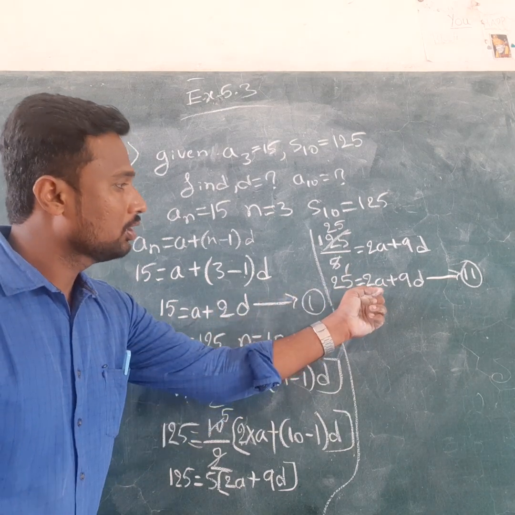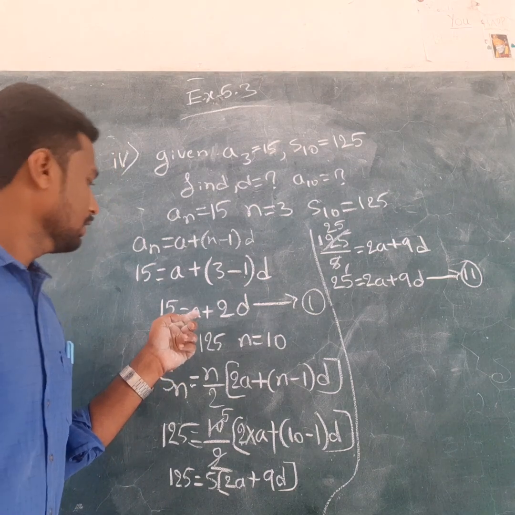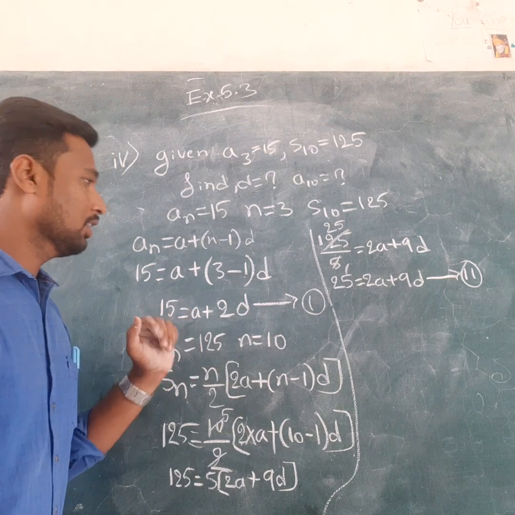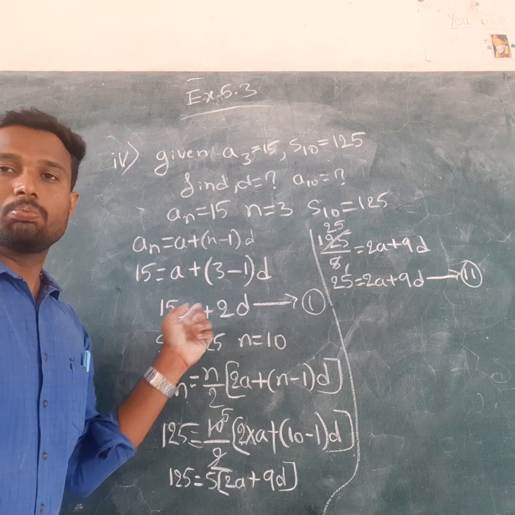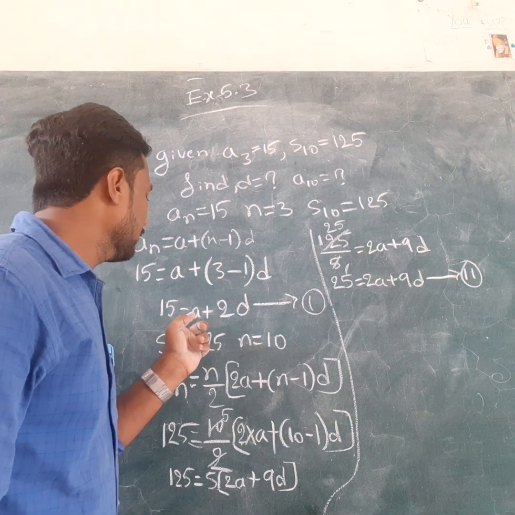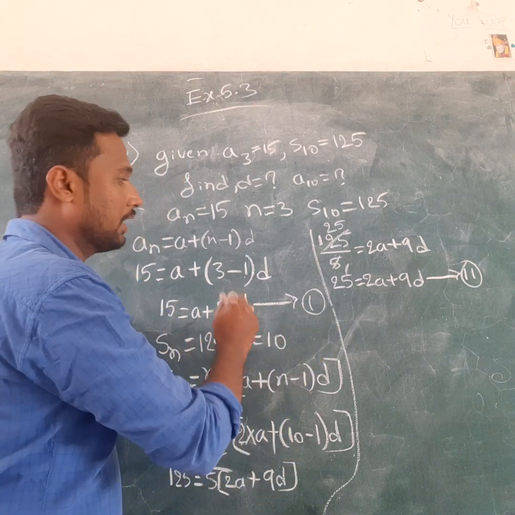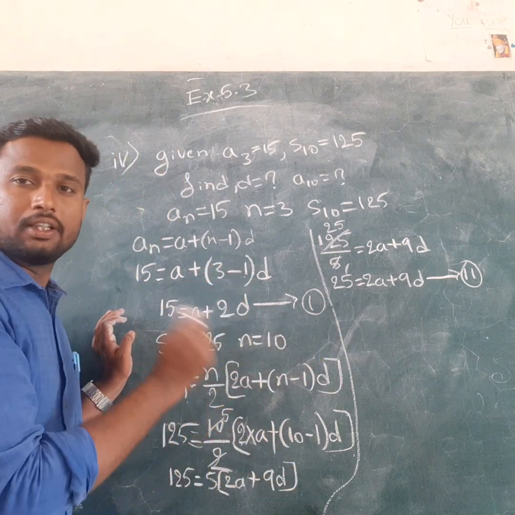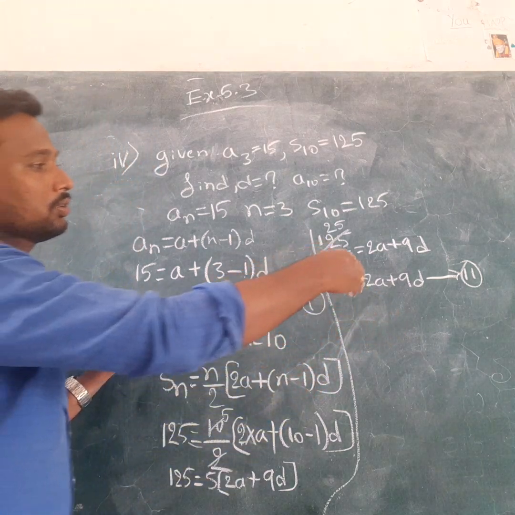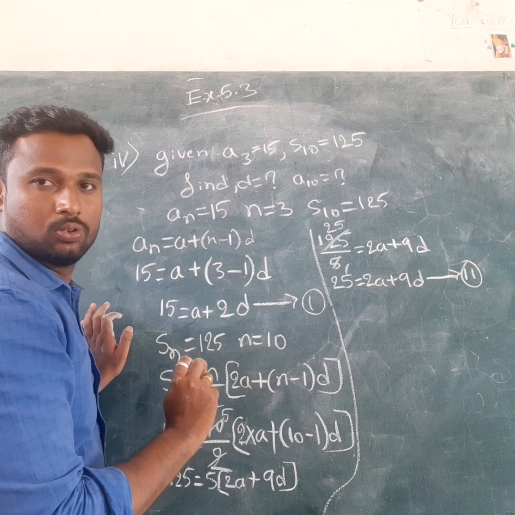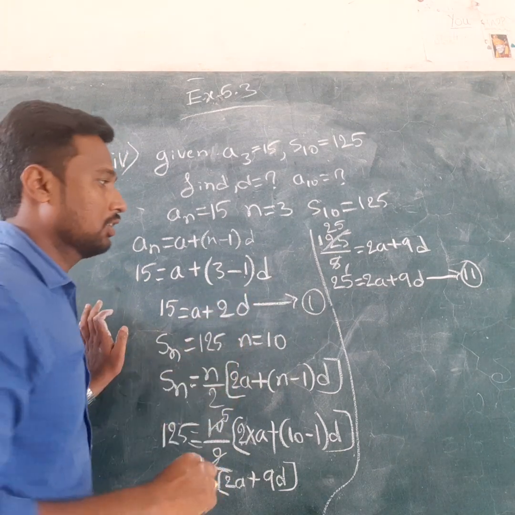In equation 2 it is 2a, in equation 1 it is only a. So I will multiply equation 1 by 2 and I will get 2a. By getting 2a, I can easily get the value of d, because I will subtract equation 3 from 2, so the 2a and 2a cancel. Easily I can get the value of d.